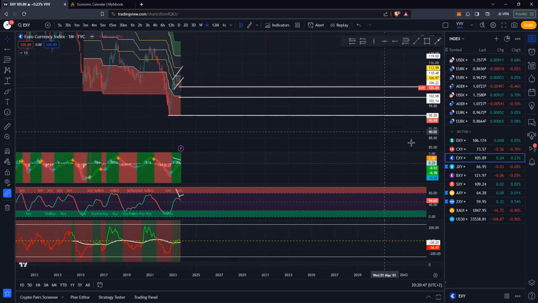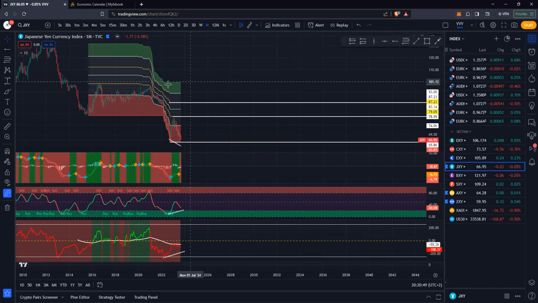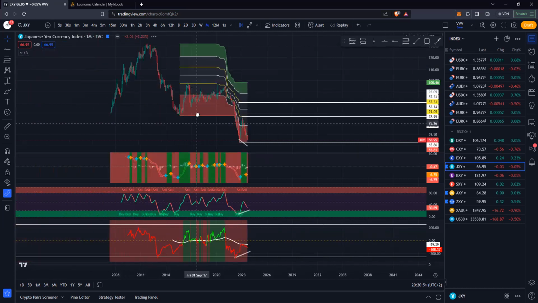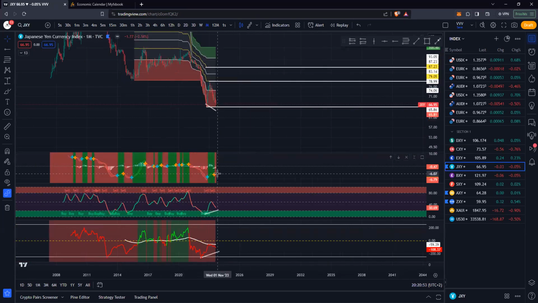Even the previous low. Then on the AXY, we formed a red one, but there is a structural divergence forming inside.